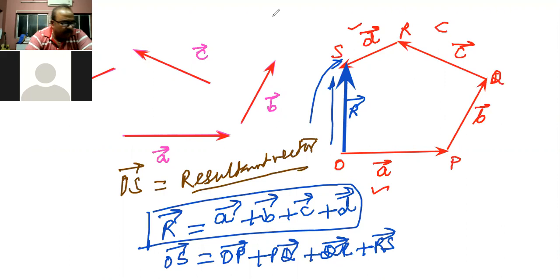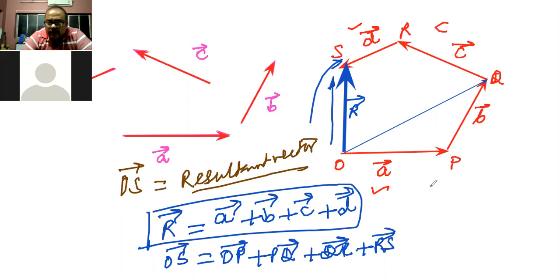Now children, let me draw this so that it will be better for you to understand. So over here you can see, suppose I join this part, okay? If I join this part, can I write like this? That is very, very interesting. Can I write like this?